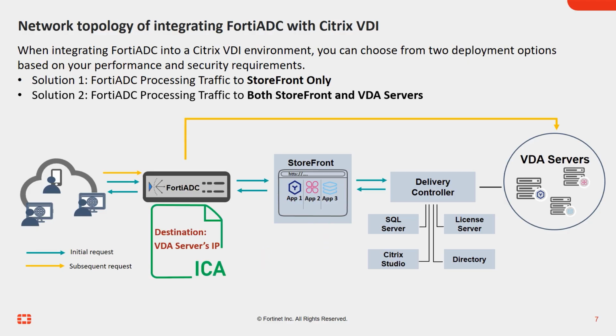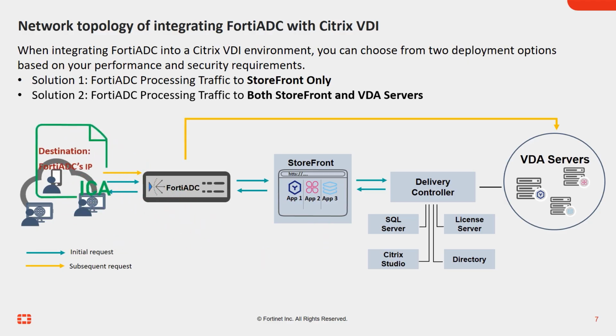However, in Solution 2, FortiADC can intercept and rewrite the ICA file to embed routing instructions that redirect ICA traffic back through FortiADC. This solution delivers end-to-end traffic optimization and security protection, improving performance and user experience in distributed VDI environments. The key configuration in this deployment is enabling ICA file rewriting on FortiADC, using a custom script that replaces the VDA server address with FortiADC's virtual IP address.